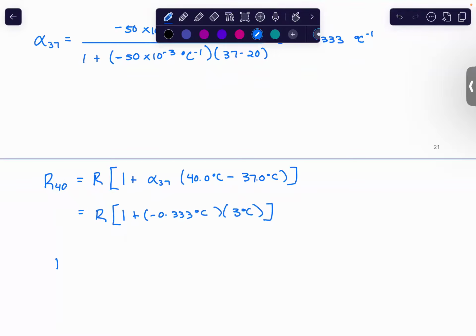What we actually get is the resistance of the germanium thermometer at 40 degrees is 0.001 R. So originally what we calculated was about 85% of the original R. In reality, this small temperature change, this 3 degrees Celsius change, has crossed the regime from insulator to conductor.